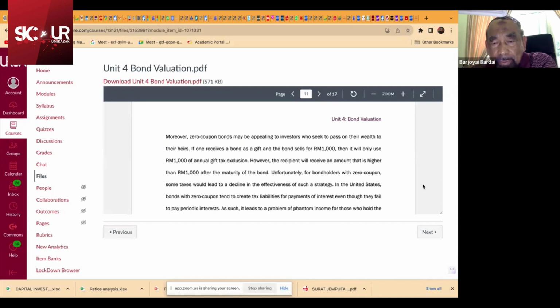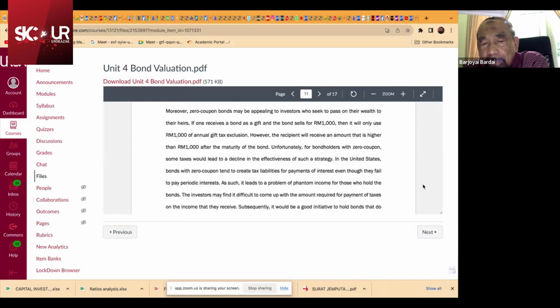However, the recipient will receive an amount that is higher than 1,000 after the maturity of the bond. Unfortunately, for the bondholder with zero coupon, some taxes would lead to a decline in the effectiveness of such a strategy.